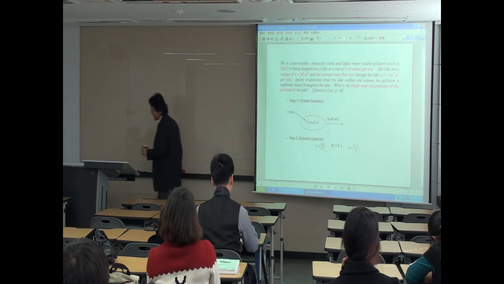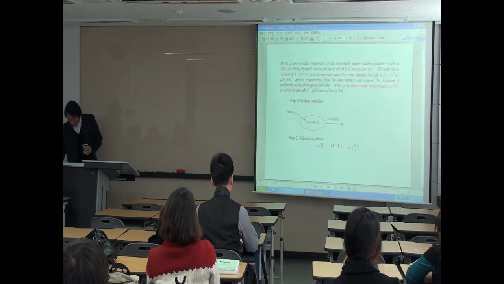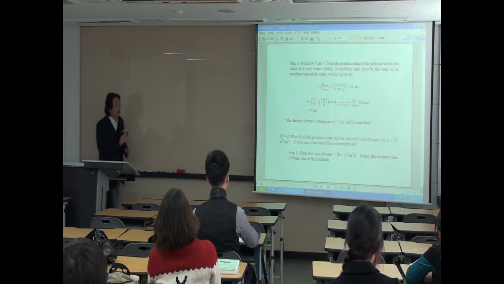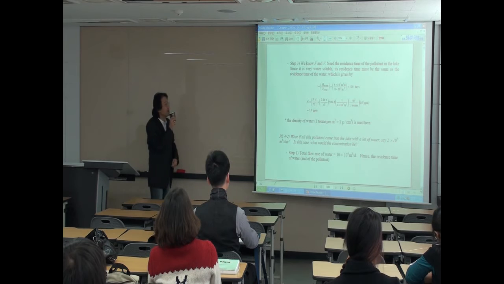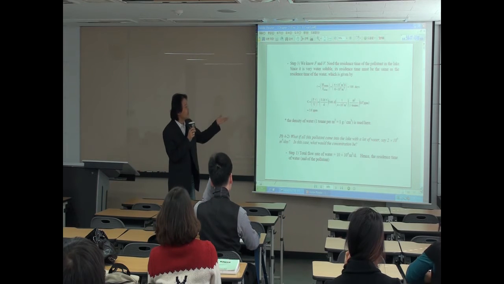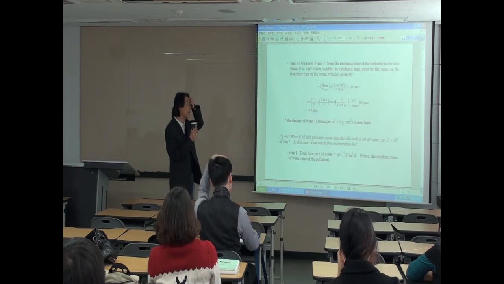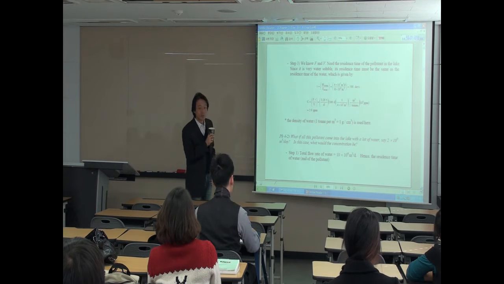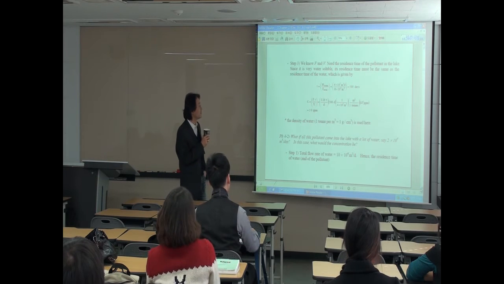This is very easy, right? Here we know the flow and volume of the lake, but we need to calculate the residence time of the pollutant in the lake.